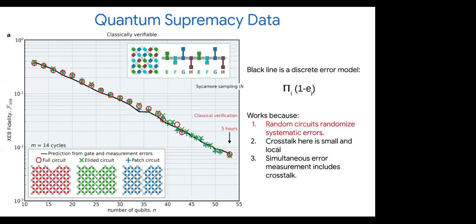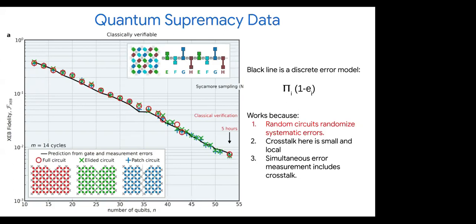We calculate this probability of error by running gates on all the qubits, and 1 minus the Pauli error rate is the probability of not having an error. So if we multiply the probability of not having an error in all the gates, then we get some total probability of not having an error, which is basically the fidelity, and that's the black line, right?